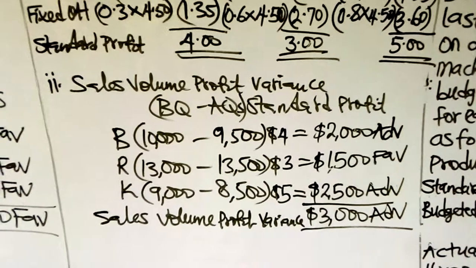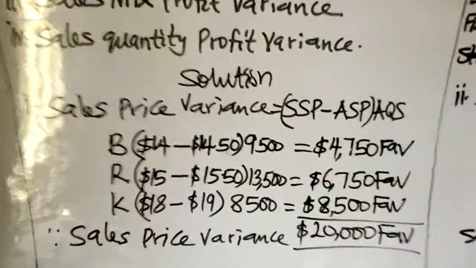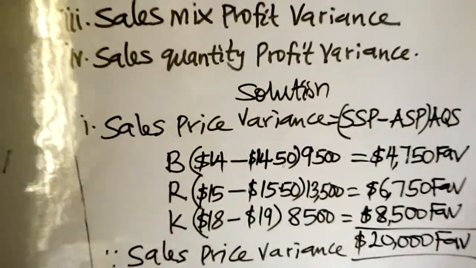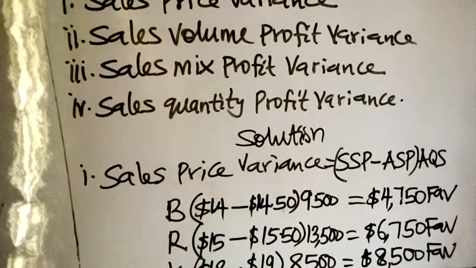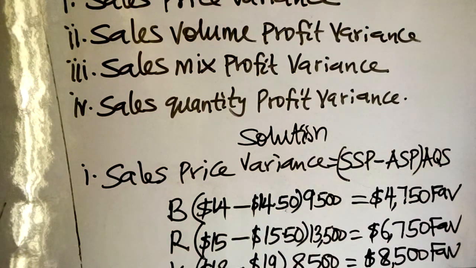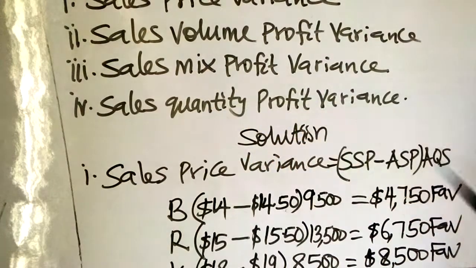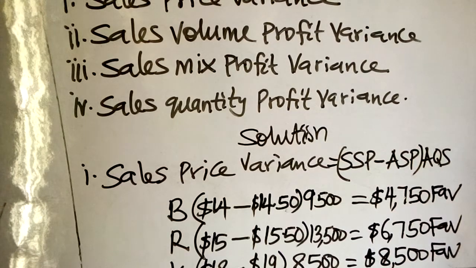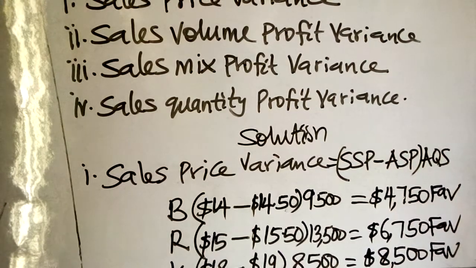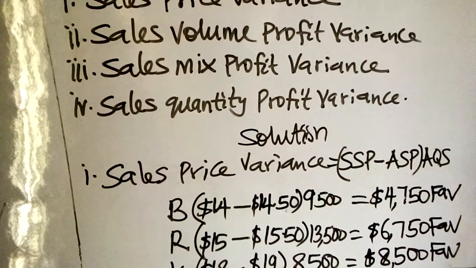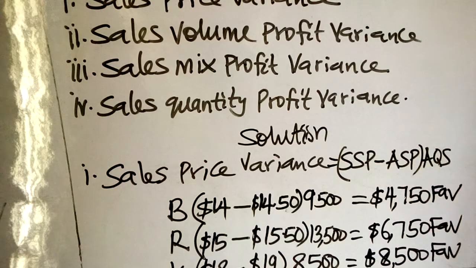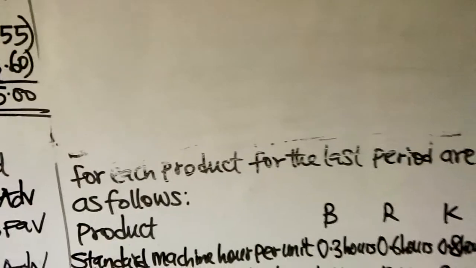In requirement 3, you are to compute sales mix profit variance. That is the 3rd requirement. Remember I told you that to compute the mix variance, I've given you the formula.